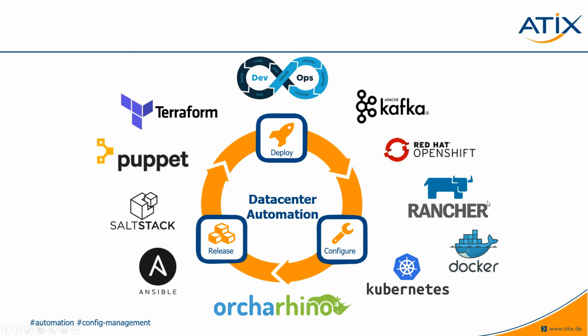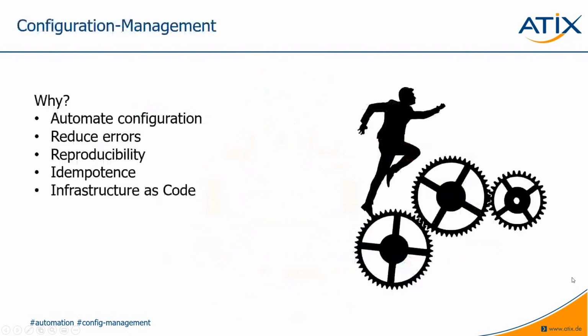And when we start now to talk about configuration management, the first thing is, why should we use configuration management and what is it? So the why is really easy to answer. It is to automate your configuration, and automation always has several advantages.